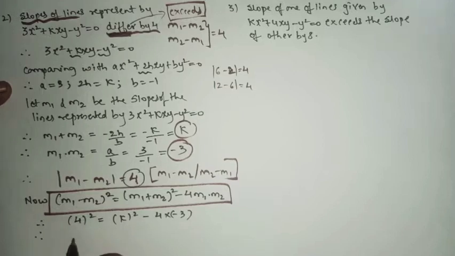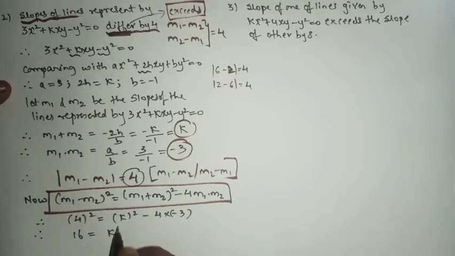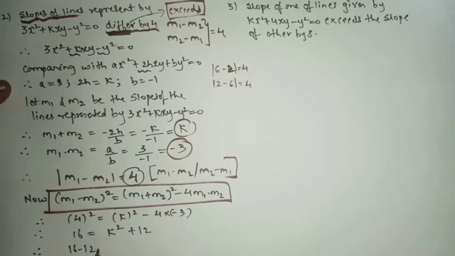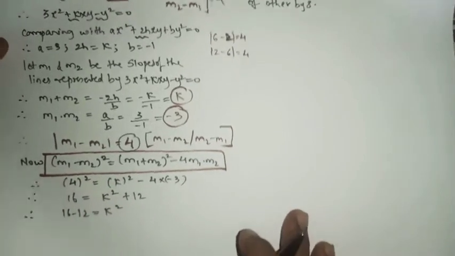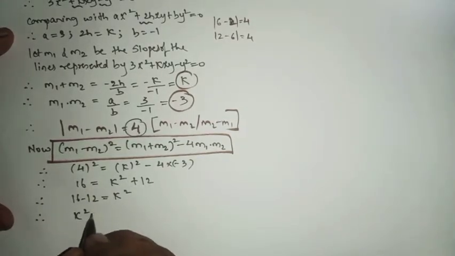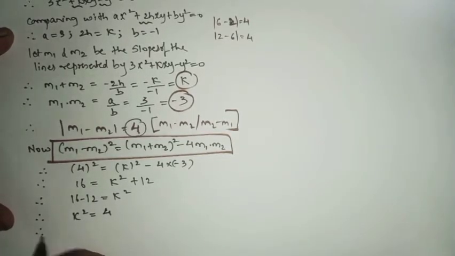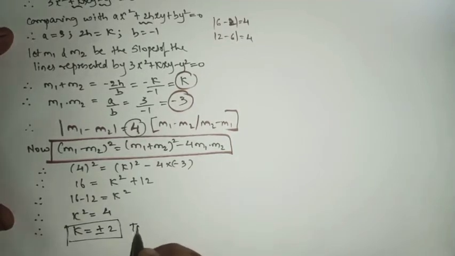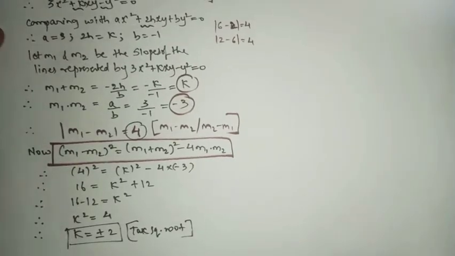So here 4 square is 16. k square plus 4 threes are 12. Therefore 16 minus 12 equals k square. Yes or no? So k square equals 4. Taking the square root, you will get k as plus minus 2.